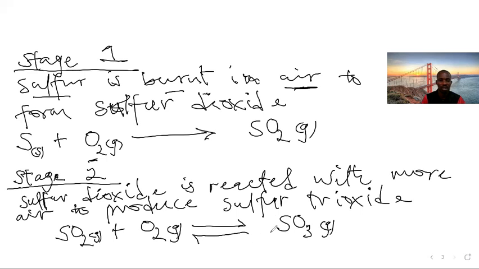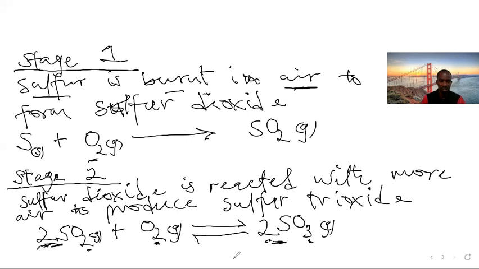This is also a gas at the temperature. Now we need to balance the equation. I told you simple equations must always and always be balanced. This balances the equation. We have 2 sulfur and 2 sulfur here. We have 2 times 2 oxygen, so 4 oxygen, plus 2 more, making 6 oxygen. We have 2 times 3, 6 oxygen.